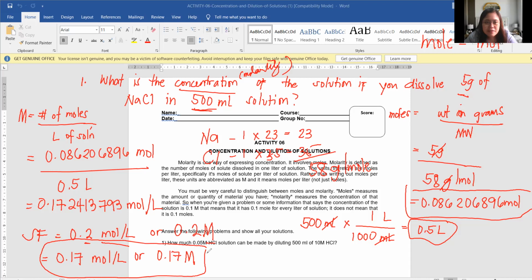Sometimes I want 2 decimal places, sometimes my instruction will be for you to follow the correct rules for significant figures. Any question or questions about problem number 1? Anyone who got a bit confused in our computation?